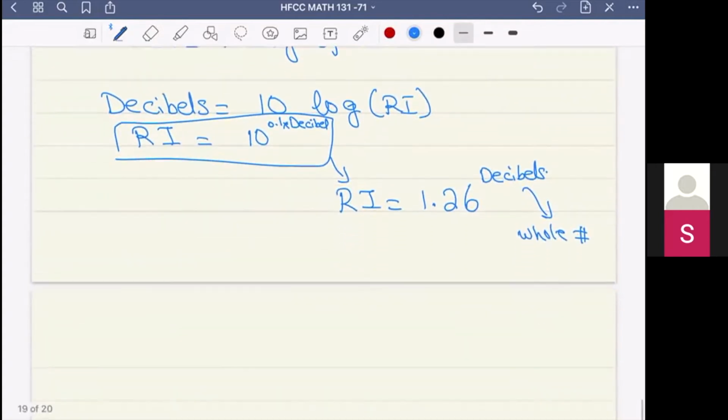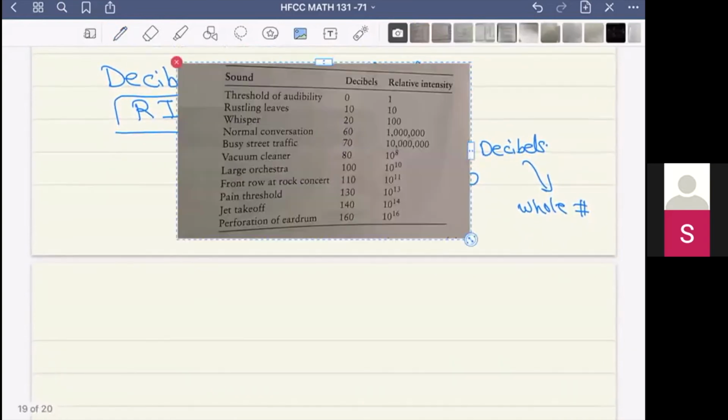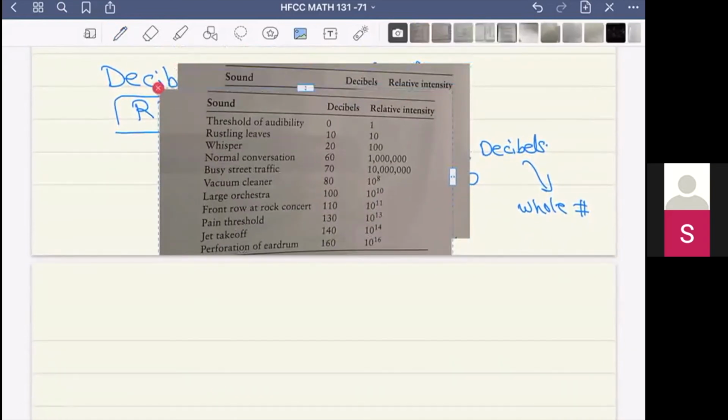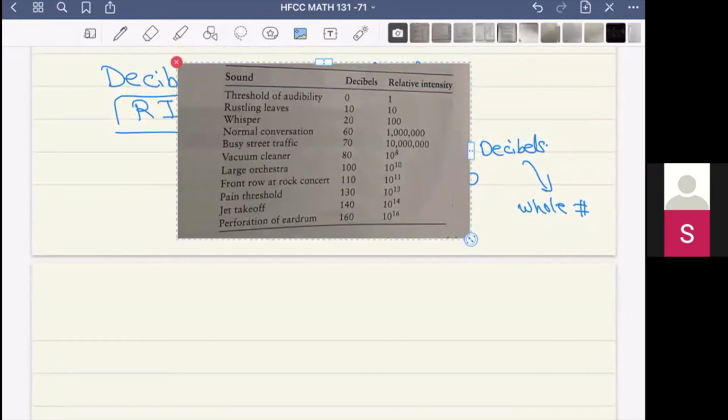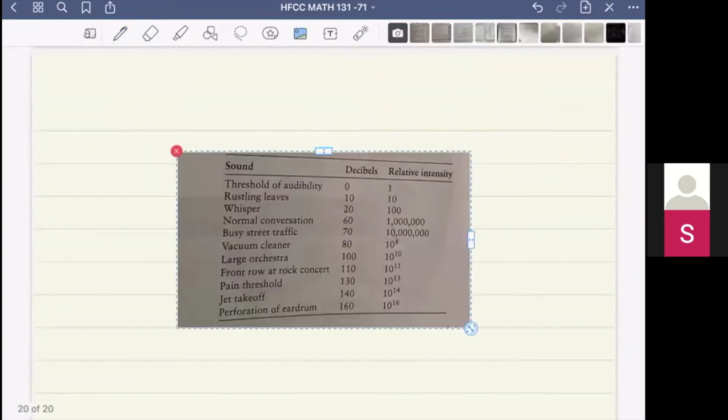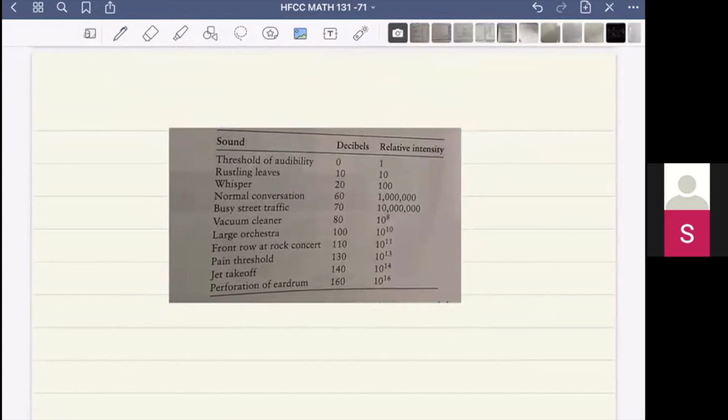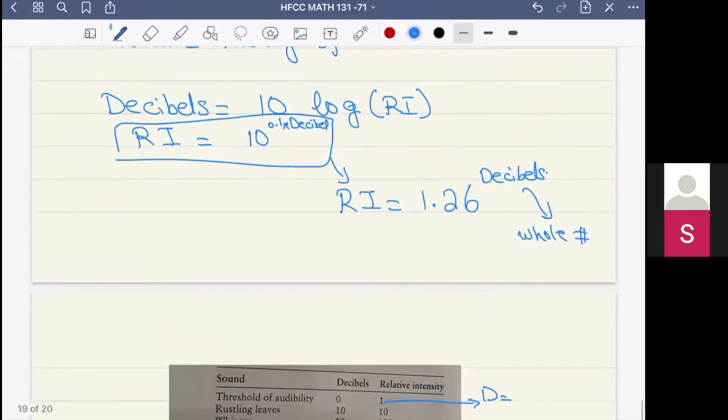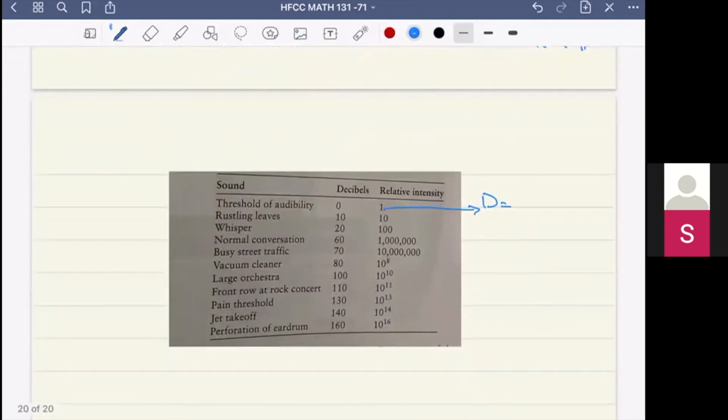Let me give you an example. I can add a picture here. Let's look at the first one. The decibel equals 10 times the log of the relative intensity. So 10 times log of the relative intensity of 1. Remember, log of 1 is 0.